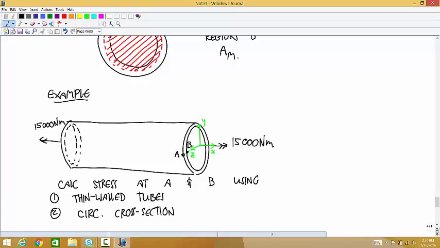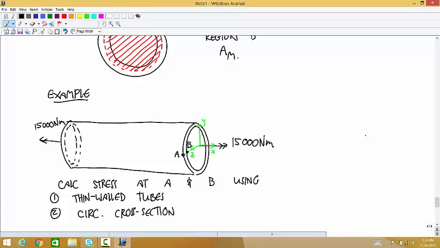For thin-walled tubes, we're assuming that the shear stress is the same all the way through the wall, so we're just going to do one calculation, and that's going to represent the stress at A and B. For the circular cross-section, it depends on that rho value, so there is going to be a bit of a difference between those two, but we'll see that it's not very much.